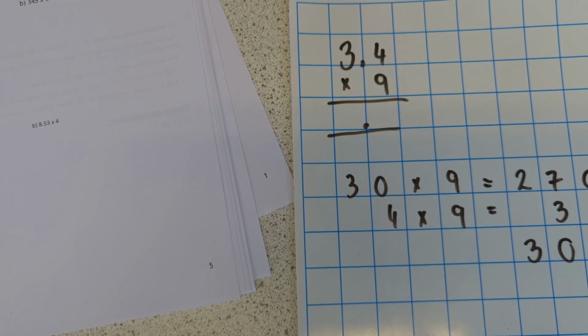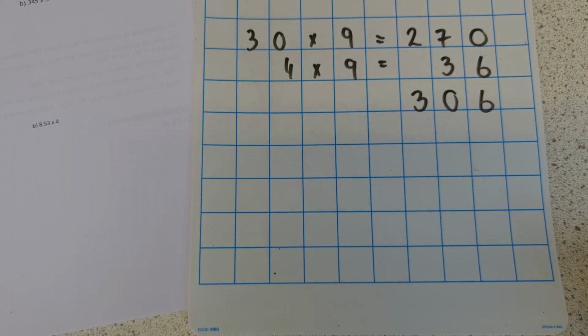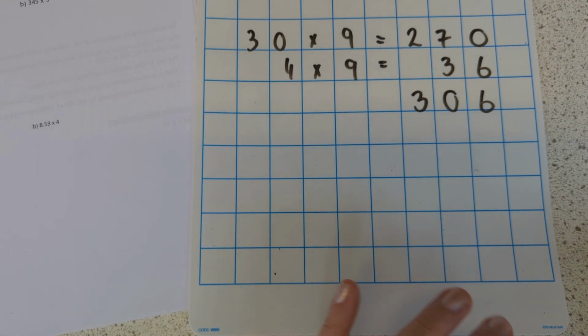3.4. Well, you could ask yourself, what's 3 times 9? 3 times 9 is 27. So you know 3.4 times 9 has to be around the number 27. You've got the answer 306. 306 is nowhere close to 27. So are you correct?